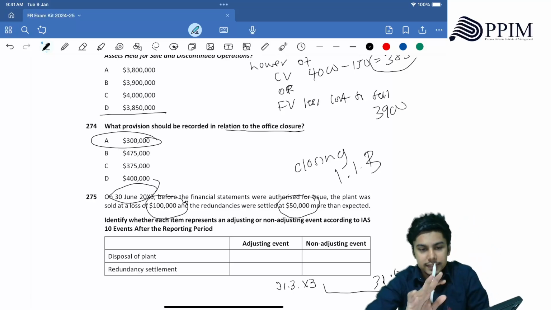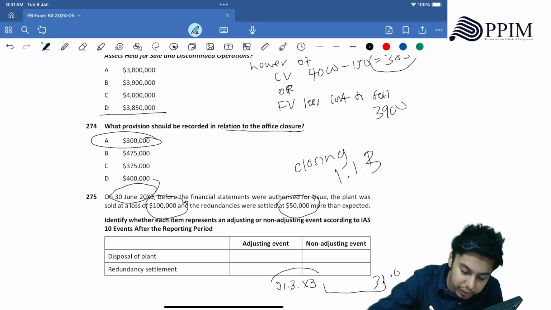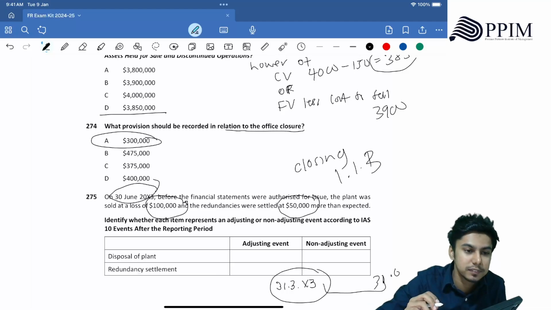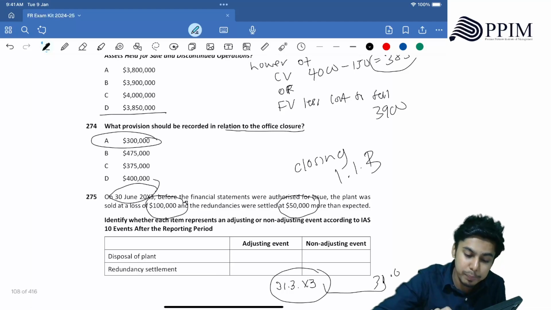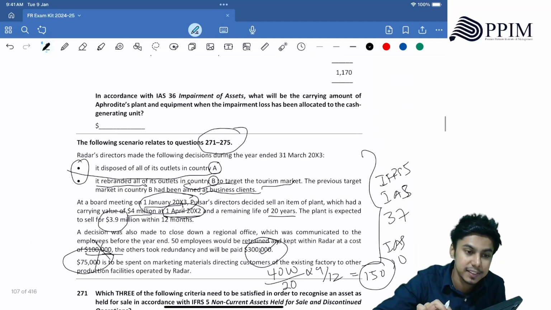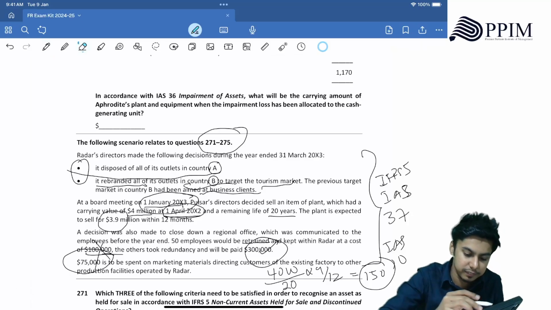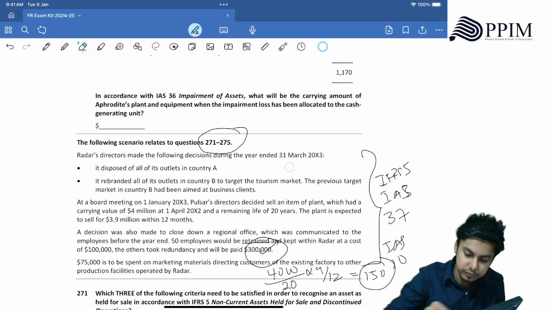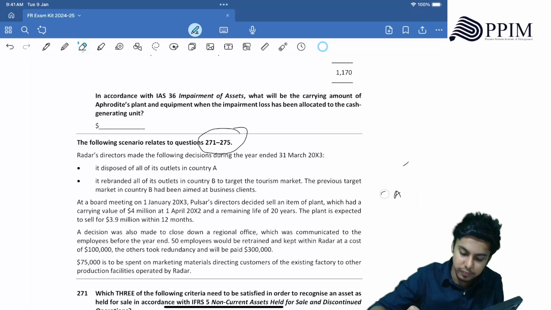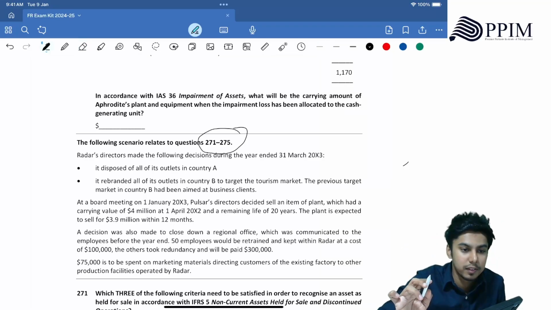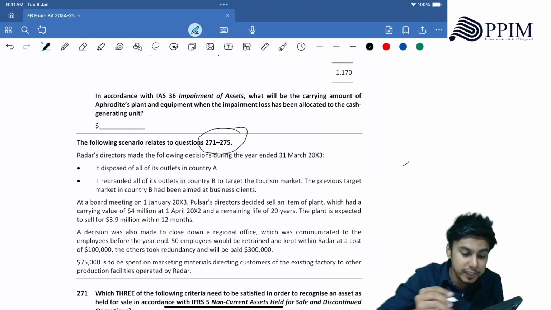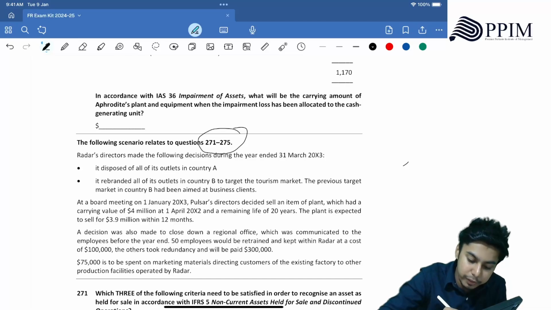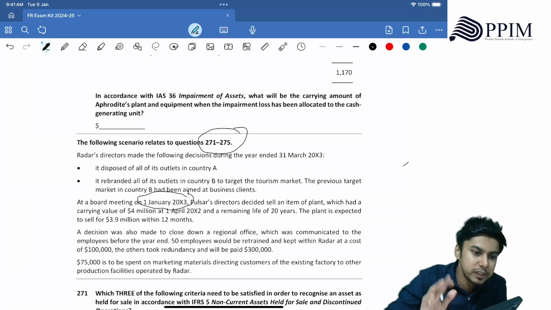Now this redundancy story, did we already know before March? Yes. You know why? We planned to close the division before the year end. That means we planned to close it on 1st of January, no? So at that time itself, we knew this redundancy is there.